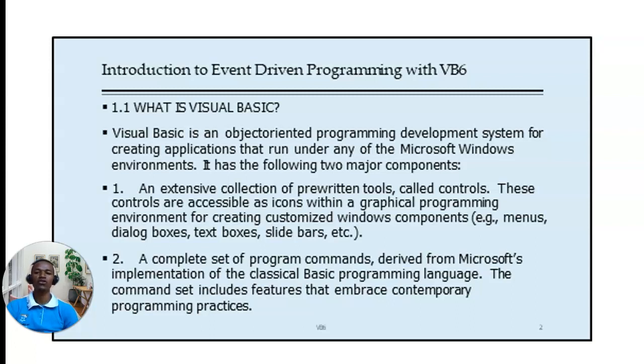These controls are accessible as icons within a graphical programming environment for creating customized Windows components. Which are these components? They are components such as menus, dialog boxes, text boxes, slide bars, and many more.